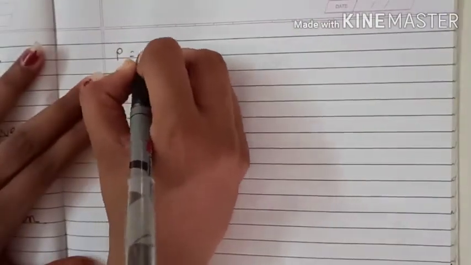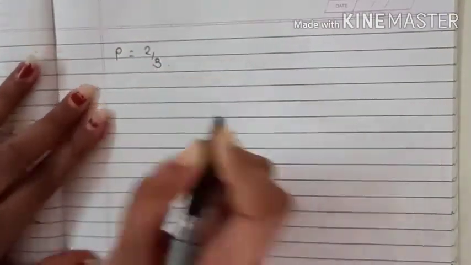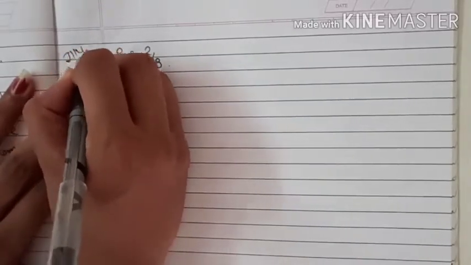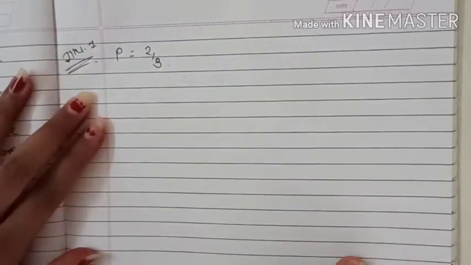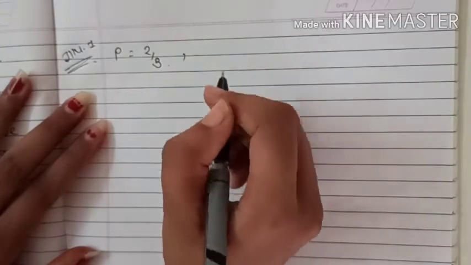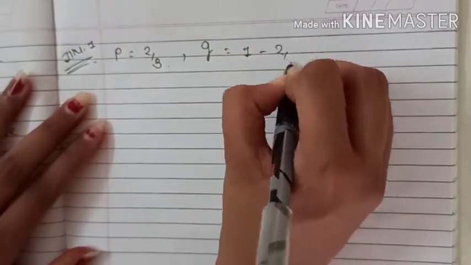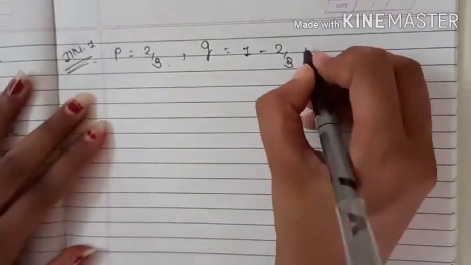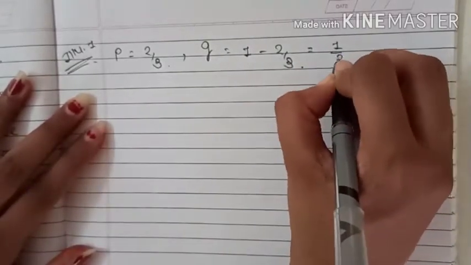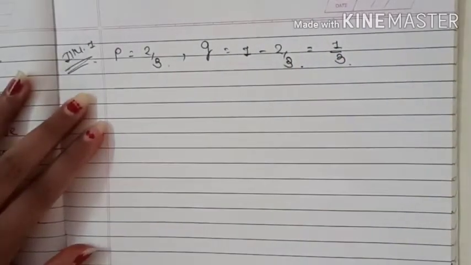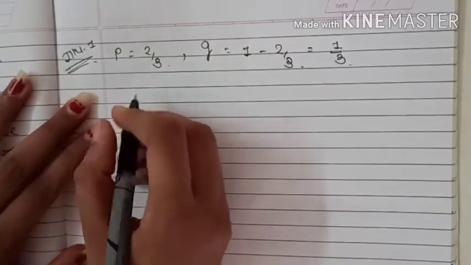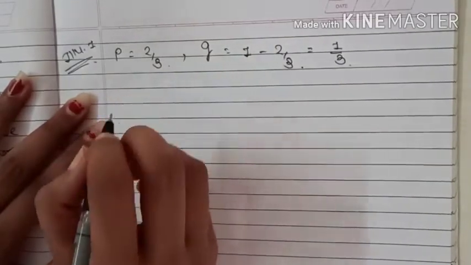P is equal to 2/3. So how can we find Q? Q is equal to 1 minus 2/3, so Q will become 1/3. And what do we have to find out?